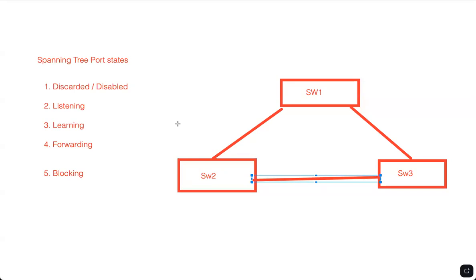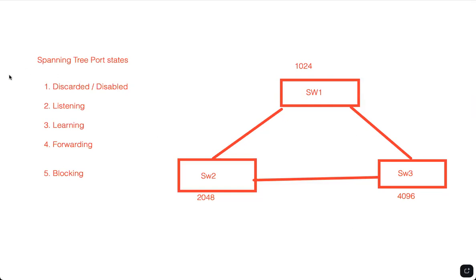We know this process already. Now there are different states in which it does forwarding or blocking. So for ease of understanding, I'm going to take these priorities: 1024, 2048, 4096. Okay, so I took priorities on the switches: 1024, 2048, and 4096 on each switch.